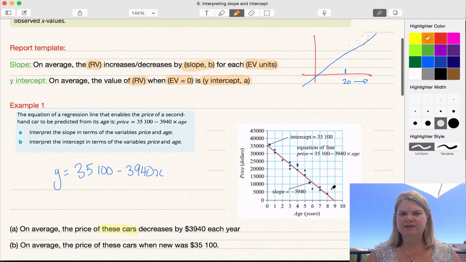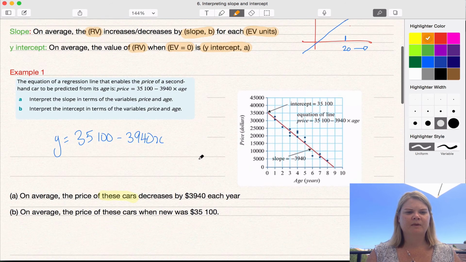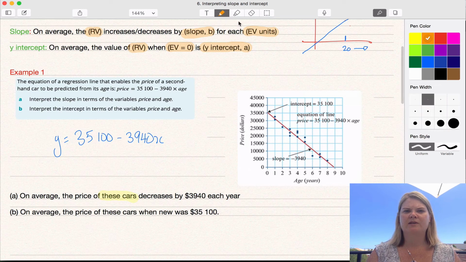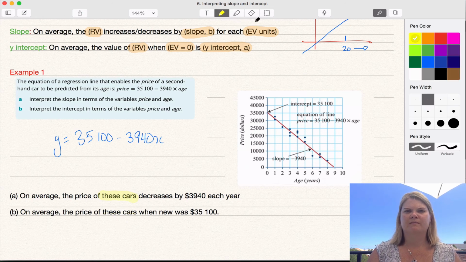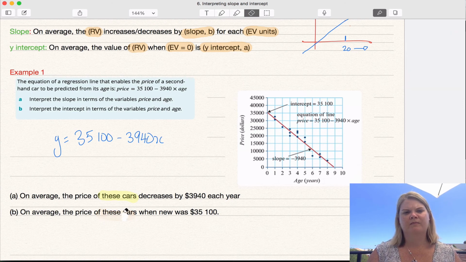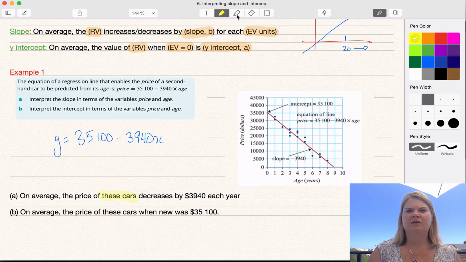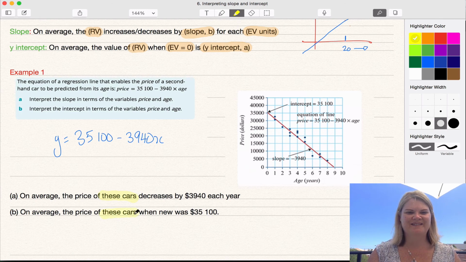So in this example, our y-intercept is 35,100. So we can say, again, on average, the price of these cars when new.